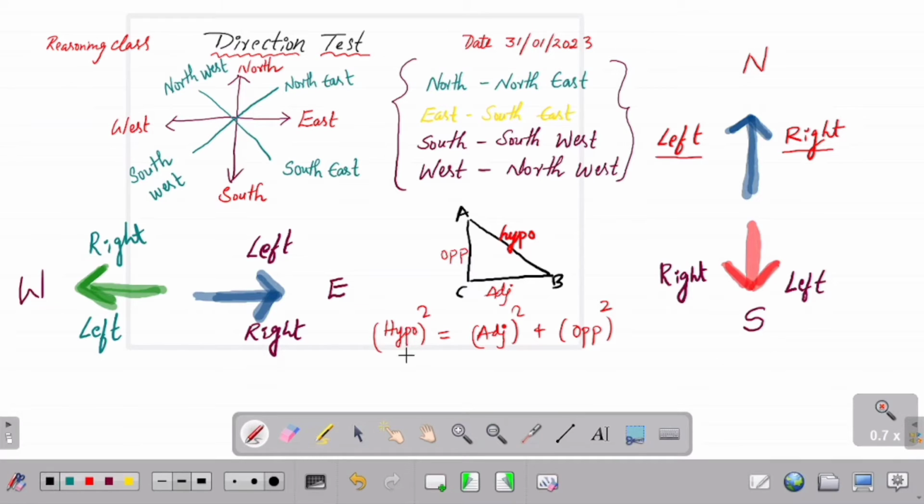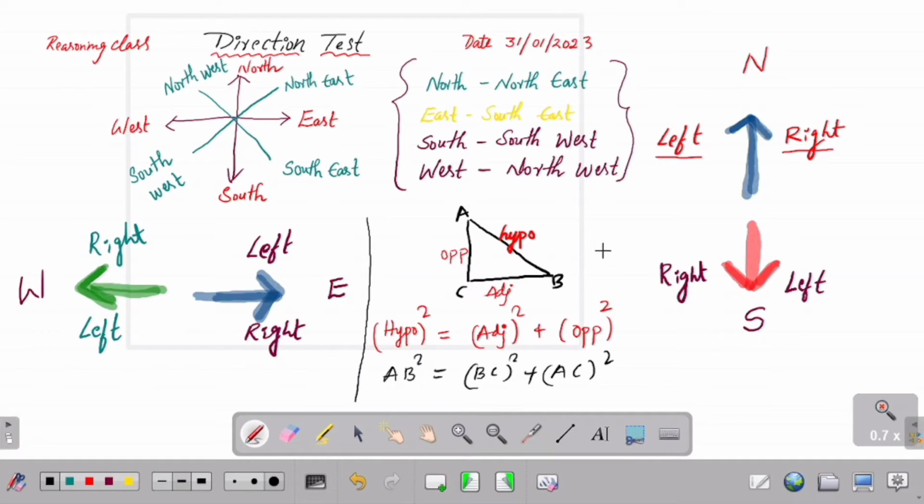So this theorem we will also use in the direction test, when we need to find the distance between two points. Okay, this is the Pythagoras theorem.